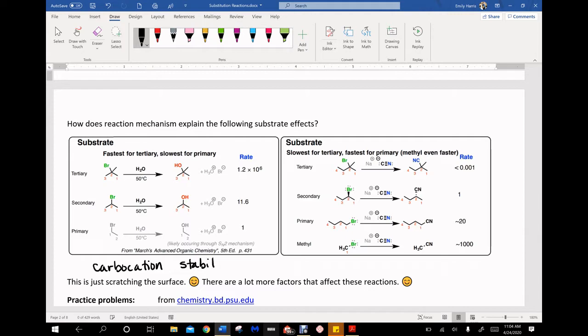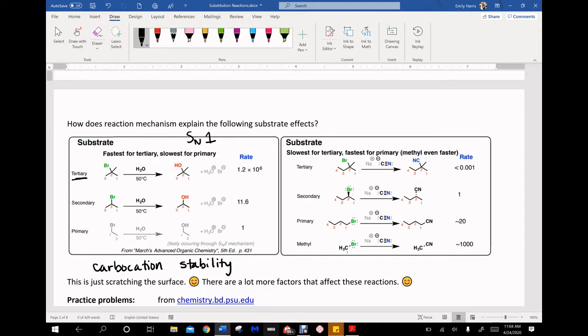And so this is where one of your tools is going to be helpful, in that the more stable that carbocation is, the faster the reaction is going to proceed. So for example, when you have a substrate that is tertiary and it forms a cation, we know that a tertiary cation is more stable than a primary cation. And so that's the main consideration when you're doing an SN1 reaction, is how stable is that intermediate carbocation going to be.